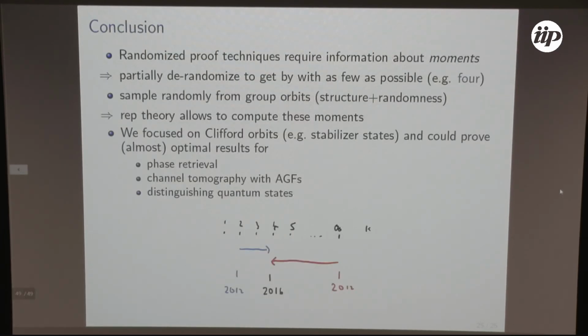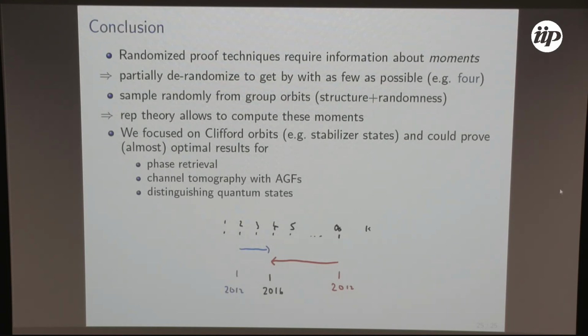Okay, and with that, I tried to convince you today that random information about moments is a hint at much of our research project. One idea is to partially de-randomize existing proof techniques to get by with as few moments as possible.